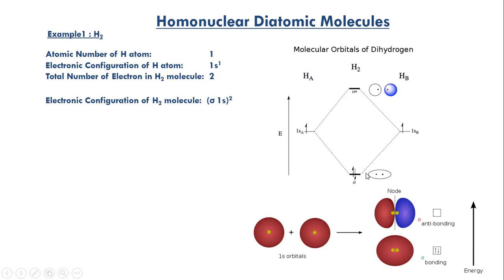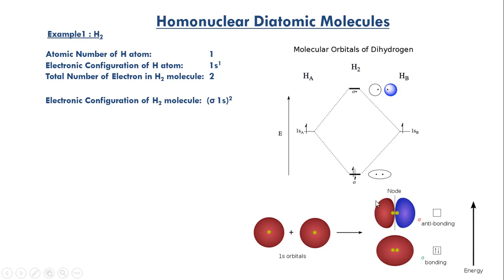Now please say, are there any unpaired electrons in the molecular orbitals? We should not consider the atomic orbital electrons now, because the atomic orbitals are combining with each other and disappearing, and only the molecular orbitals are formed. So we have to see the electrons in the molecular orbitals only.